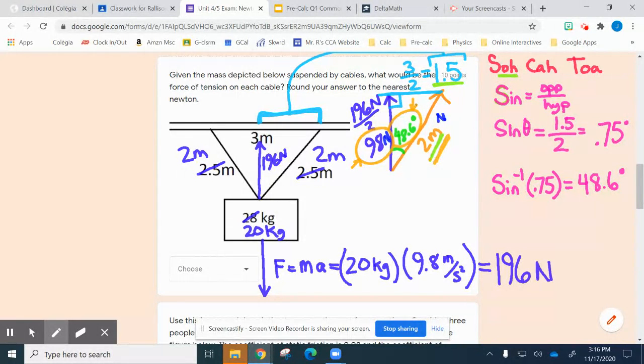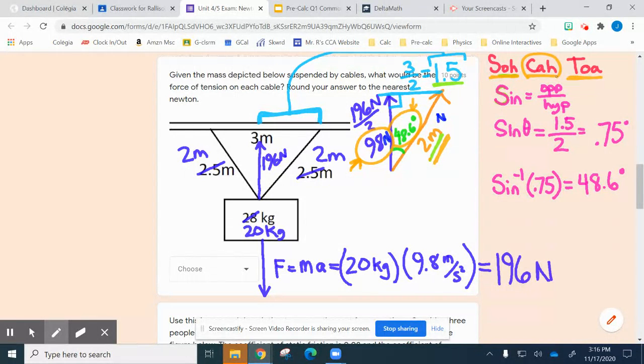So we're looking for a trig function, back to our trig functions, SOH, CAH, TOA. Now this is the angle in question, 48.6. We know the angle and we know the adjacent leg. So then we're going to use the cosine function, which is the adjacent over the hypotenuse. And we actually know the opposite leg too, it's 1.5, so we could use either one.